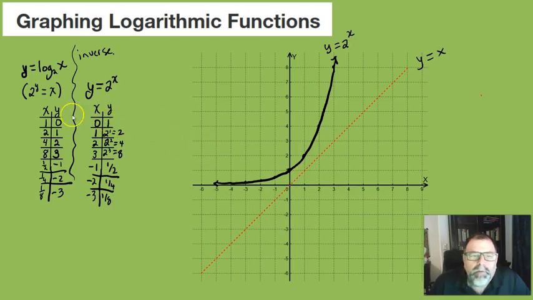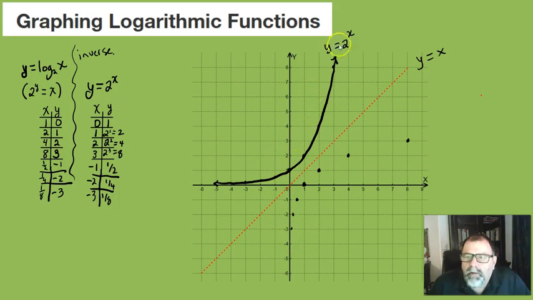So if I do the logarithm one, it's 1, 0, 2, 1, 4, 2, 8, 3, then 1/2, negative 1, 1/4, negative 2, 1/8, negative 3.